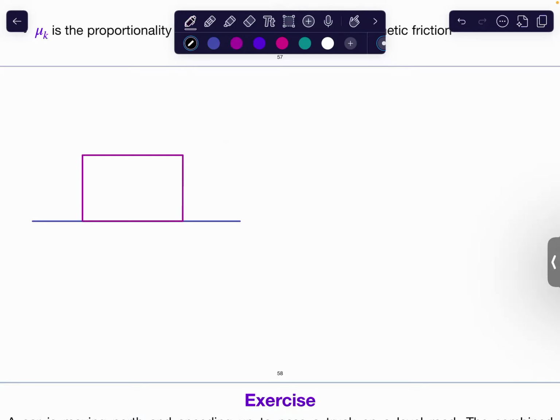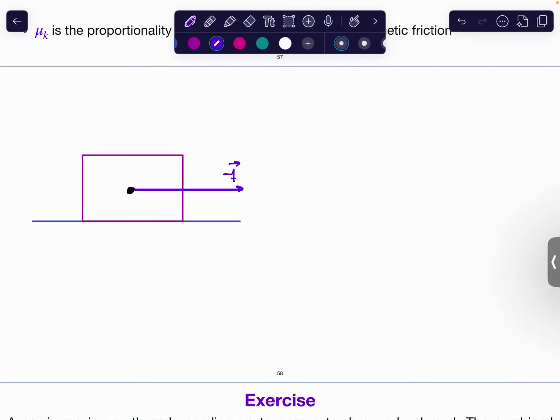Now let's start looking at the forces involved. So this is going to be our static system. So no velocity, it's not moving. However, we do have an applied force trying to move the entire system that way. Okay.